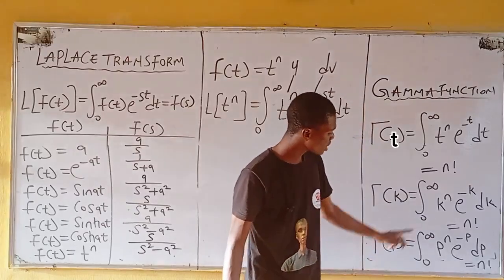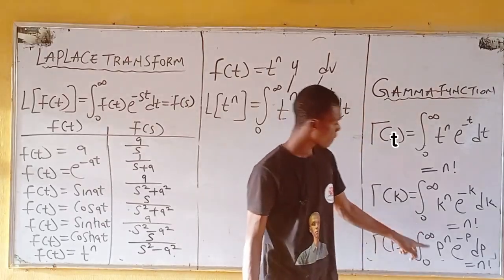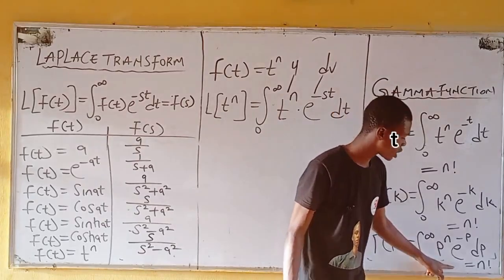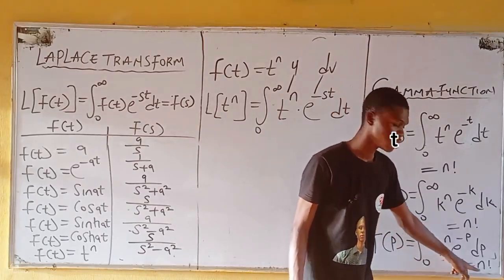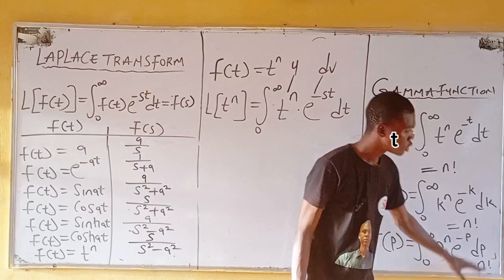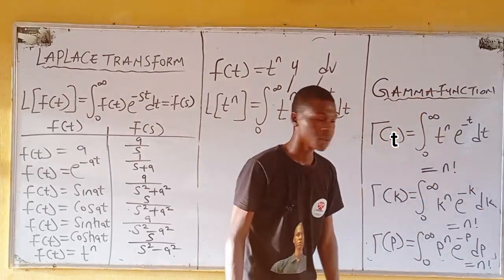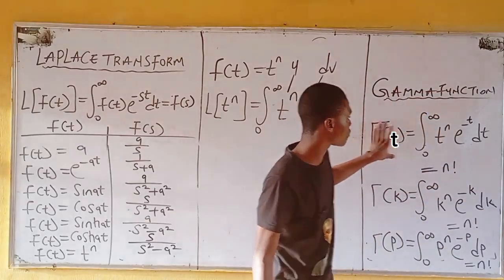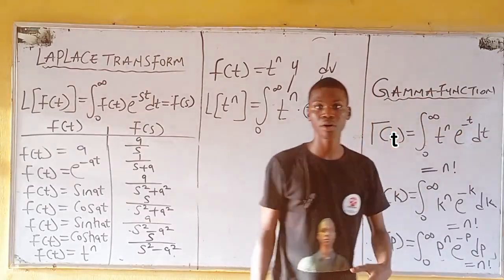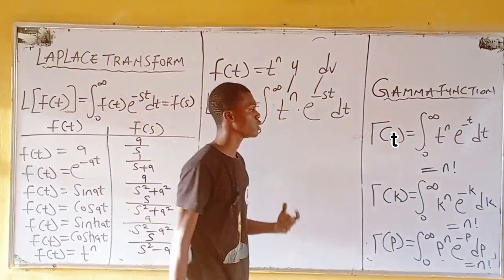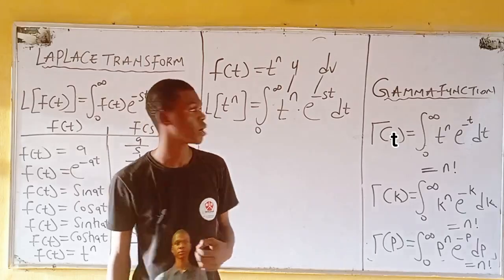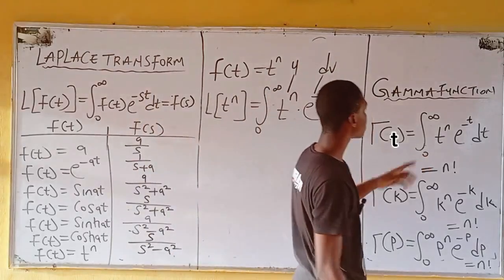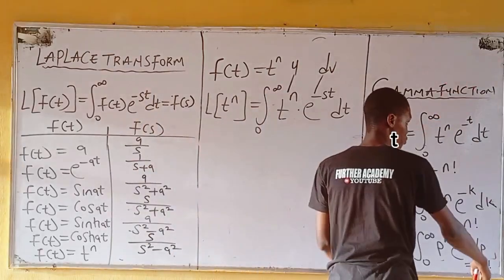Similarly, the integral from 0 to infinity of p raised to the power of n, exponential raised to the power of negative p dp, your answer is n factorial. So this is what the gamma function is saying: if you have any function in this manner, the answer becomes n factorial. Now, check, this is by the gamma function.